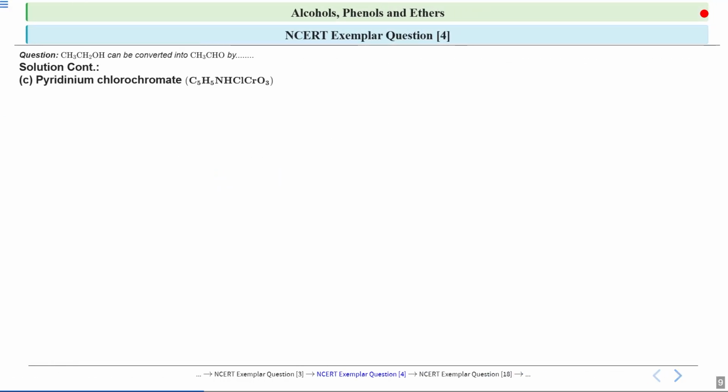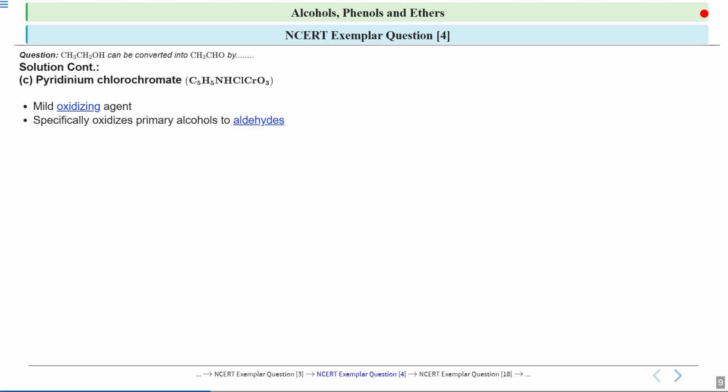Now we will move to the next option, which is pyridinium chlorochromate. It is C5H5NHClCrO3. Pyridinium chlorochromate is a mild oxidizing agent. It is crucial because it allows us to control the oxidation process without over-oxidizing. Because we have to only oxidize alcohols to aldehydes, we need a mild oxidizing agent.